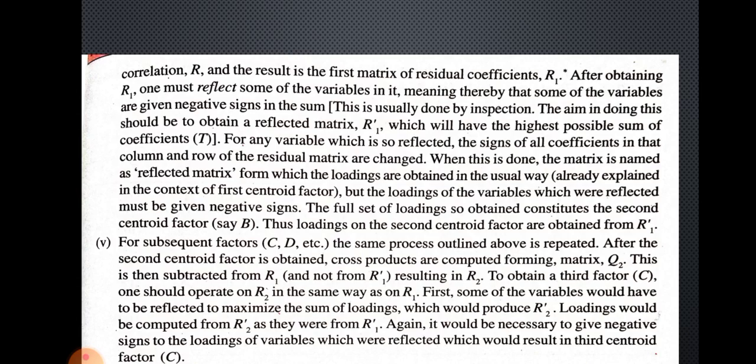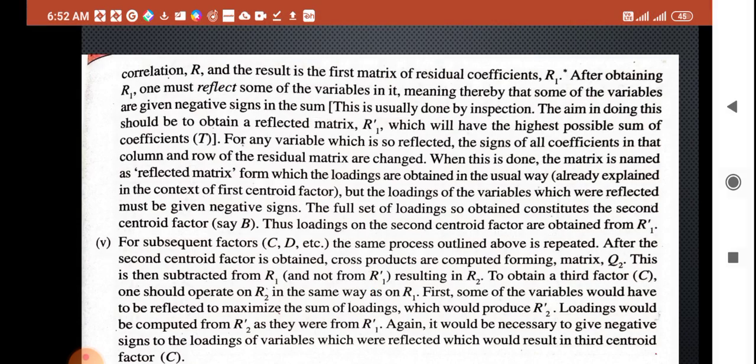The aim in doing this is to obtain a reflected matrix R1 dash which has the highest possible sum of coefficients T. For any variable which is so reflected, the sign of all coefficients in that column and row of the residual matrix are changed. When this is done, the matrix is named the reflected matrix. In this way, the loadings on the second centroid factor are obtained from R1 dash.